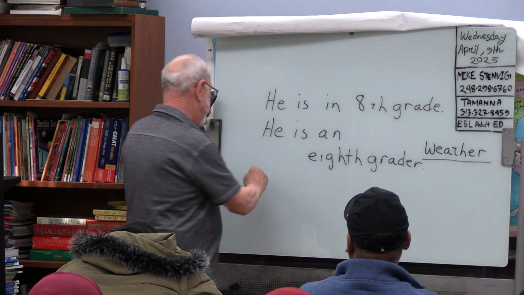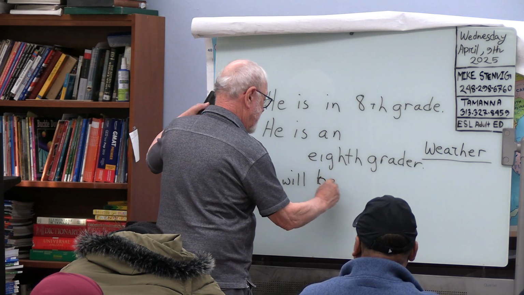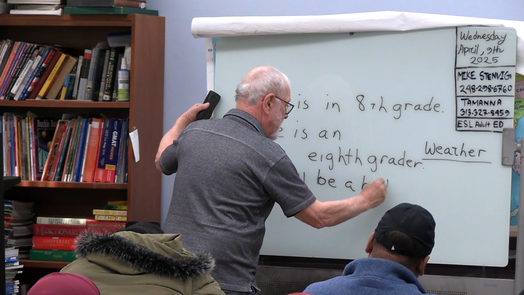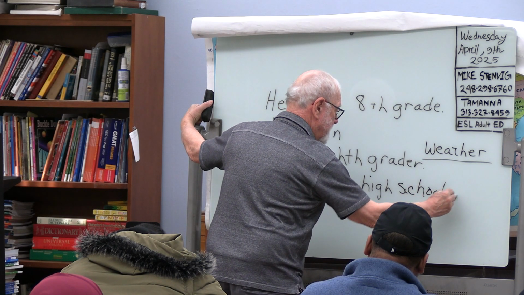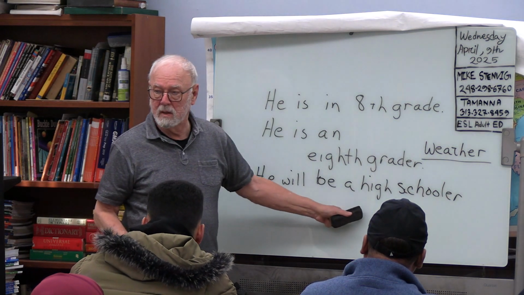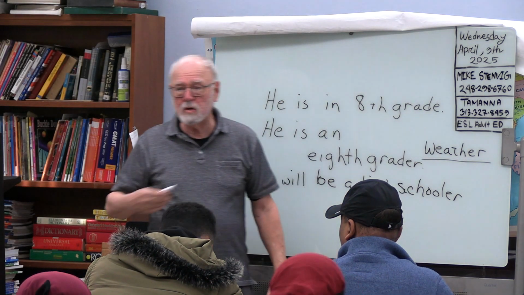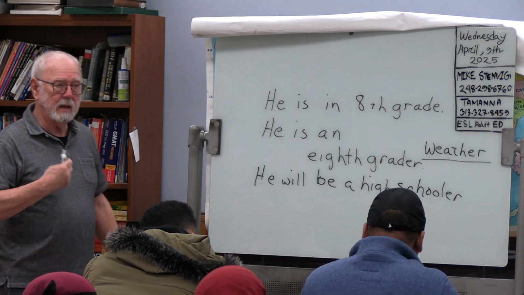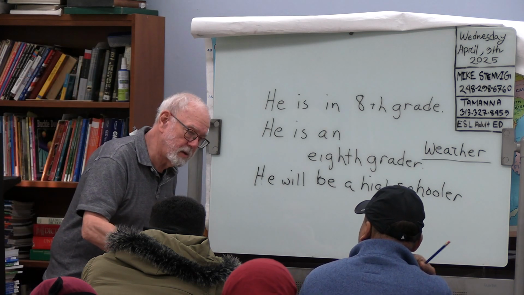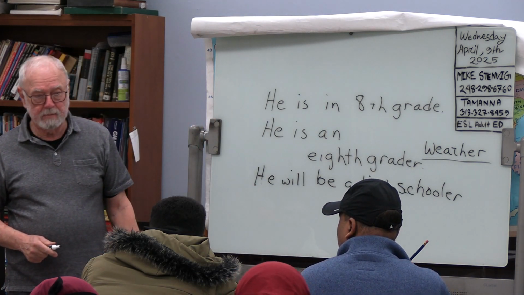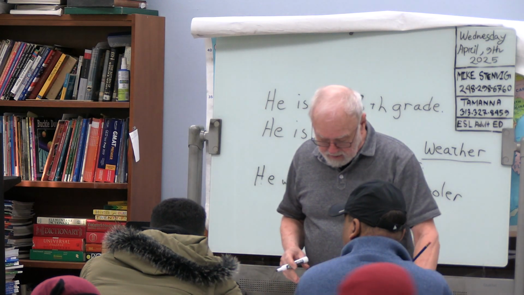So we would say, high school schooler. It turns it into the person who does something. Like the verb, I teach, I am a teacher. Teacher. Okay. Not always, but it helps us to figure out what these endings mean.